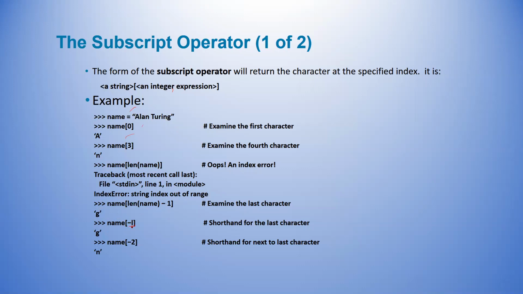Okay, -1. That means the last character. -2 is the last but one character. So when you say name subscript -1, that gives you the last character here. And name subscript -2, that gives you the second from the last one. That's what that is, okay?